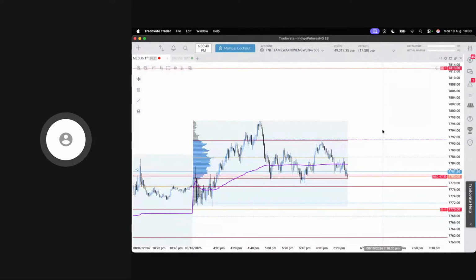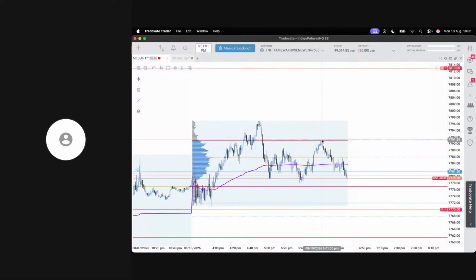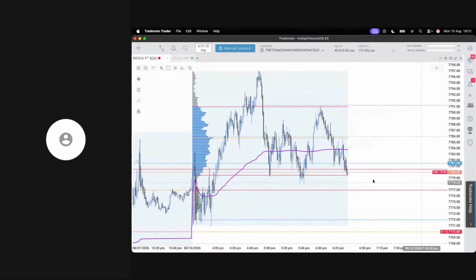I don't know, it's a bit of a weird one. We did have that rally to value. Well, it was more so to initial balance, right? So we did trade up to initial balance, and then mean reverted back to VWAP. So we could be in some chop, or we break out.